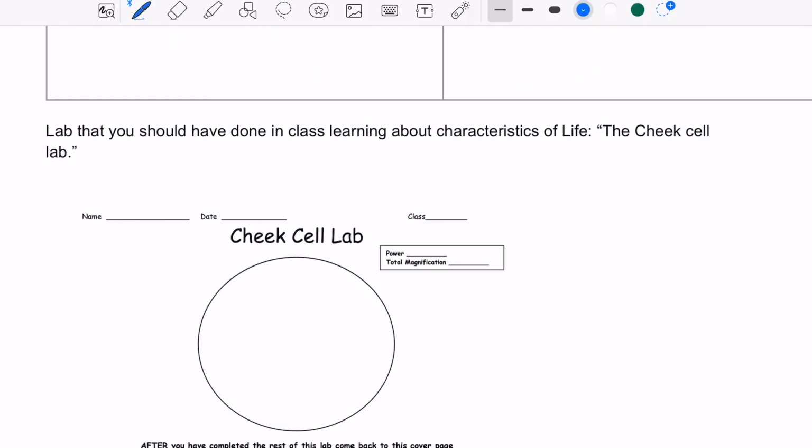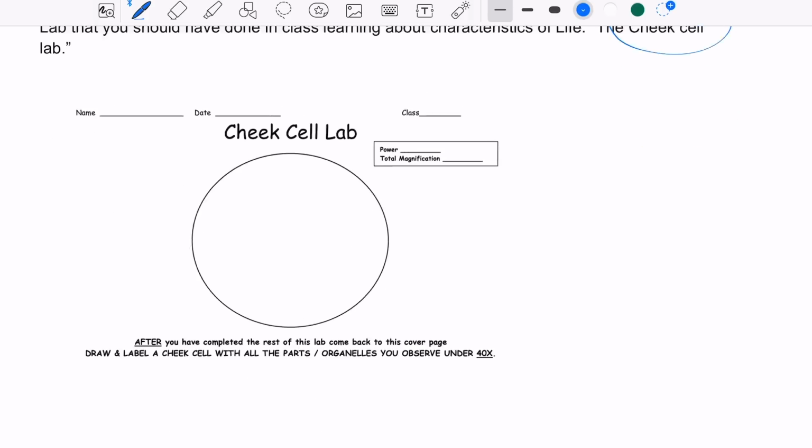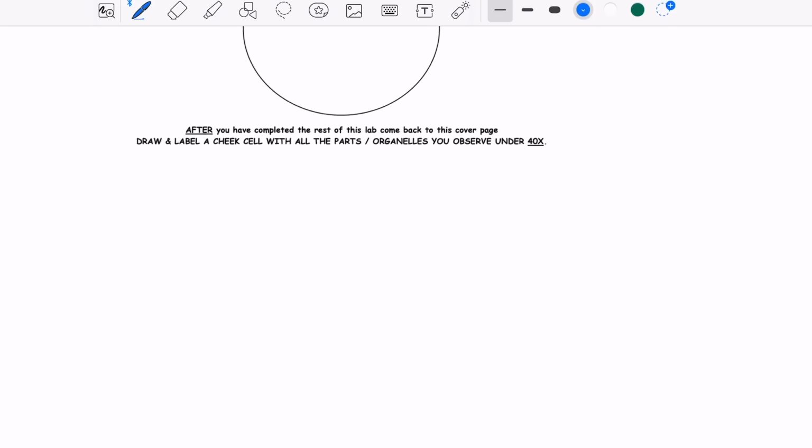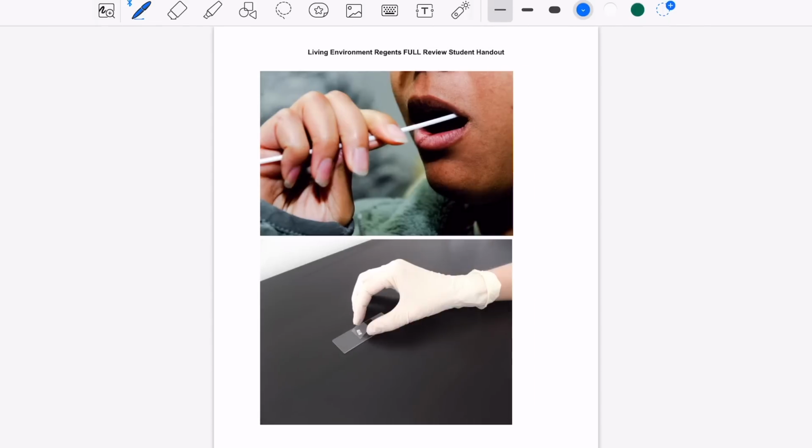There was a lab that you should have done in this class pertaining to when you're learning about cells, and that is the cheek cell lab. Maybe your lab looks something like this in the beginning. You use the microscope and you viewed your own cells.